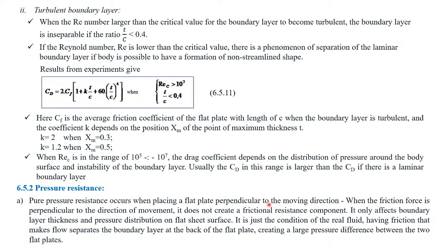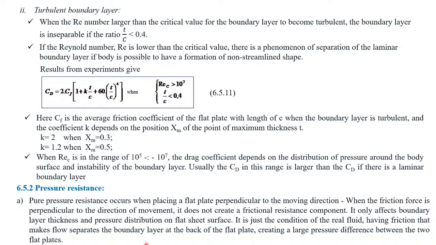In the second case, if you have an area like this, very thin and parallel to the flow, the flow creates friction on two surfaces of the plate, and we get the friction drag. In this case, we get the pressure drag by the pressure.